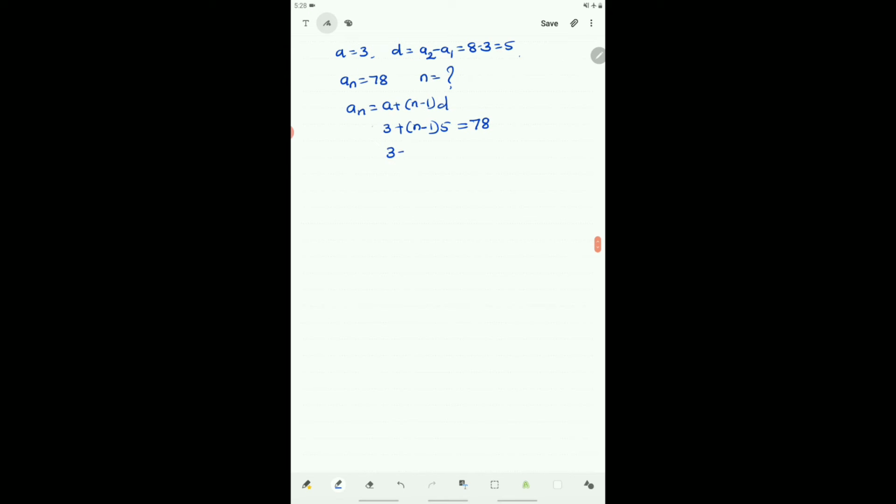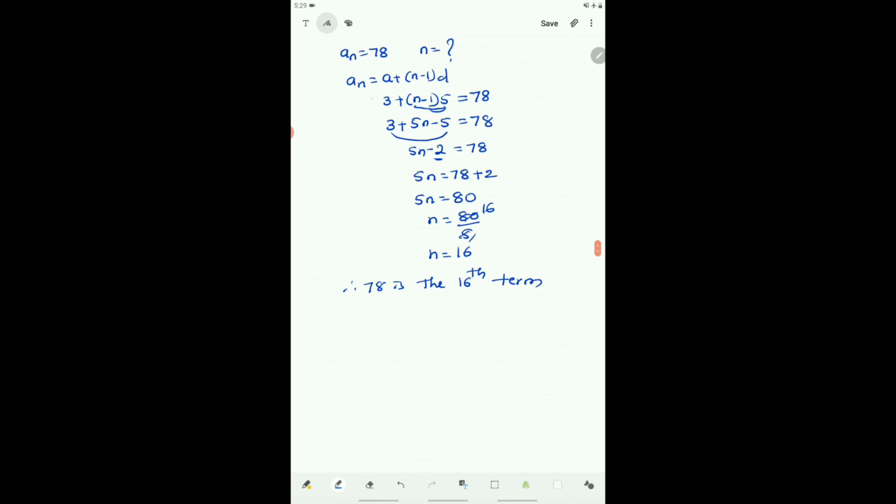Then 3 plus 5n minus 5 is equal to 78. Then that becomes 3 minus 5 is minus 2, that is 5n minus 2 is equal to 78. Then if this minus 2 is transferred to the RHS, it becomes plus 2.